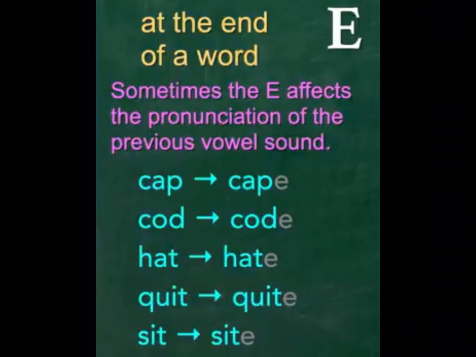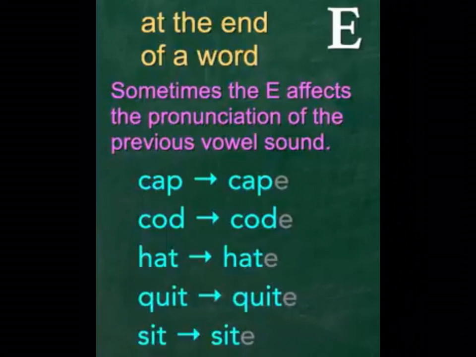Cap, a hat, and cape, like Batman's cape. Here we have cod, the fish cod, and then if we add an E, it becomes code, a secret number. So we have two different words, two different meanings, just by adding an E to the end of the word. We have hat.